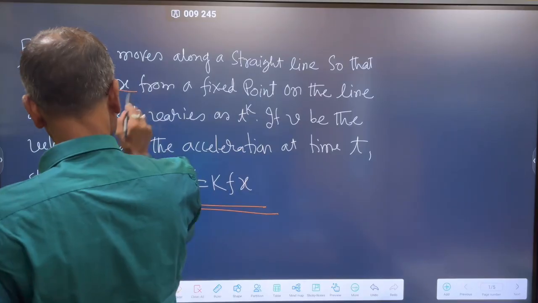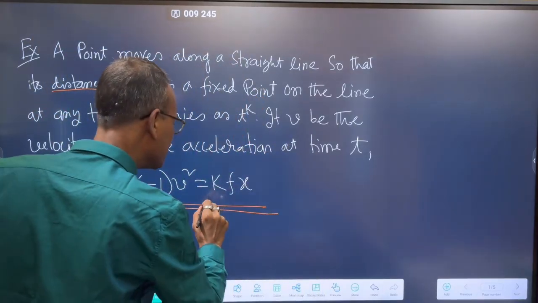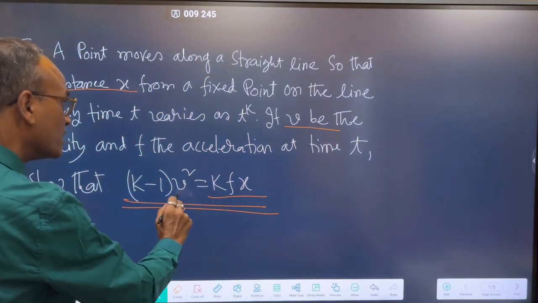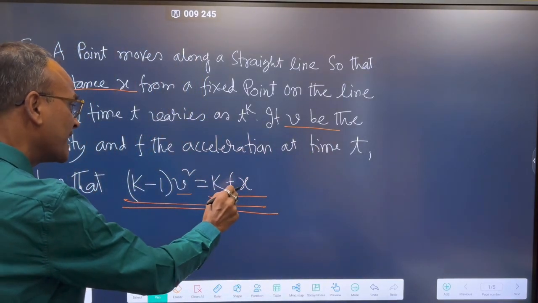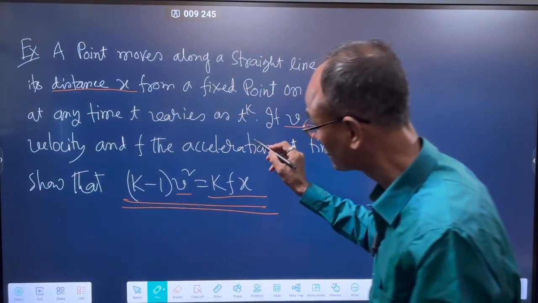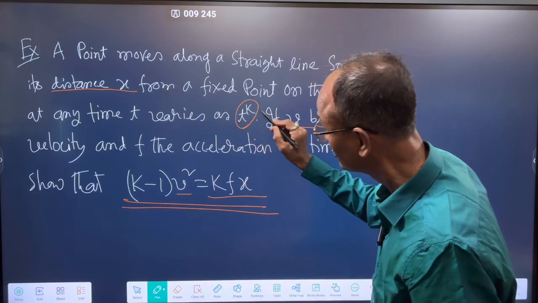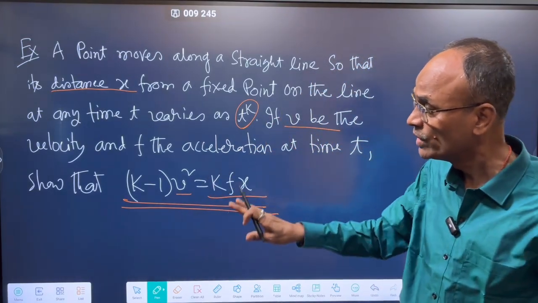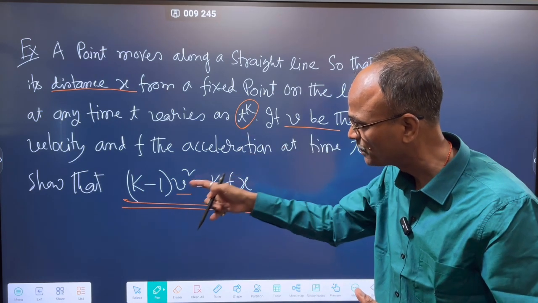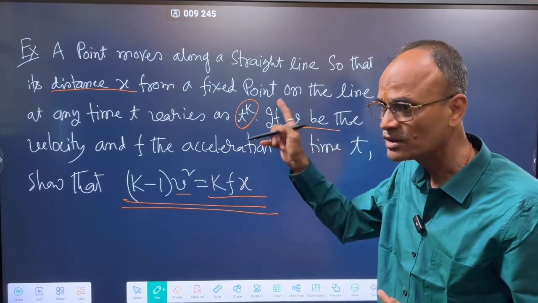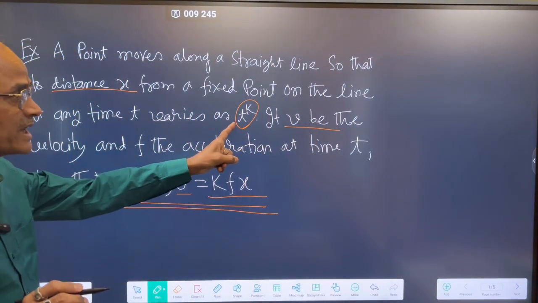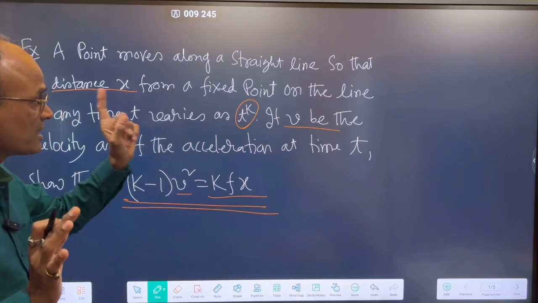The relation I am going to prove has distance, velocity and acceleration f, but t is not there. We are to find the relation between v, f and x, and in this relation k will be there, but we are to eliminate t. Let us try to solve this problem.